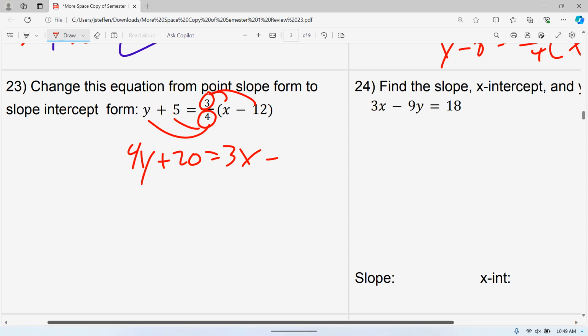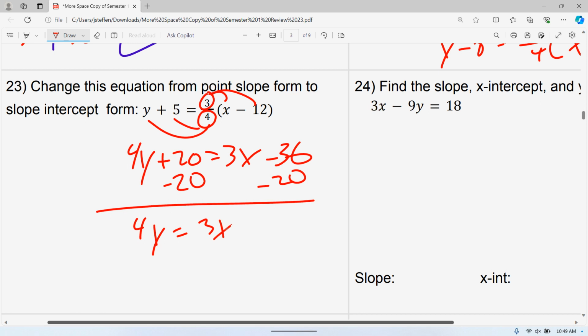Sleep for the exam, so this silly stuff doesn't happen to you. 3 times 12 is 36. And now we can solve for y. Get the y by itself, subtract 20. -36 minus 20 is -56.